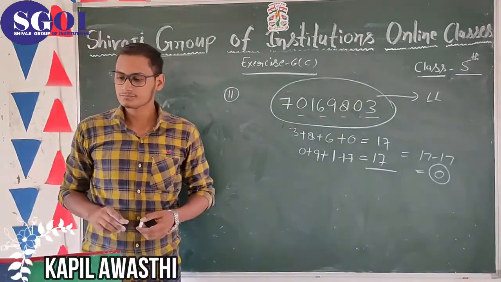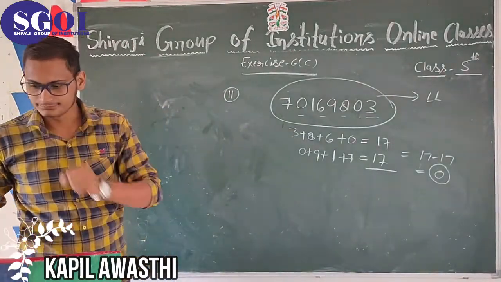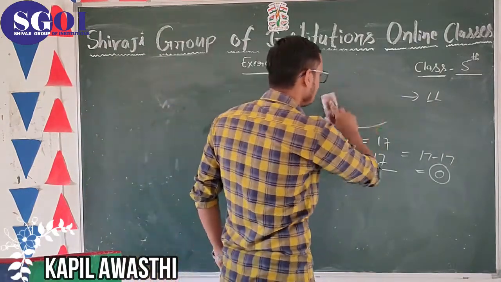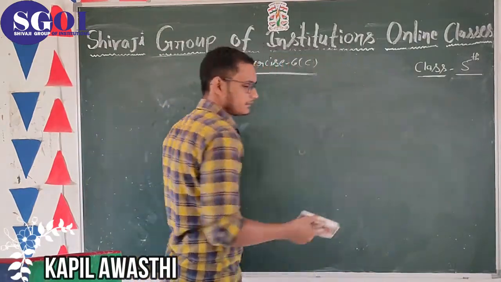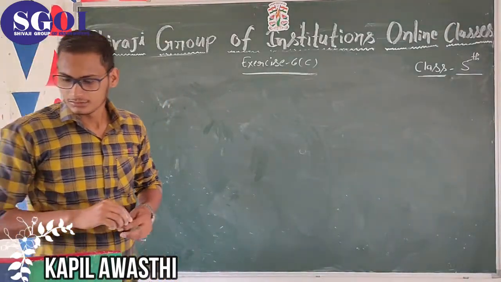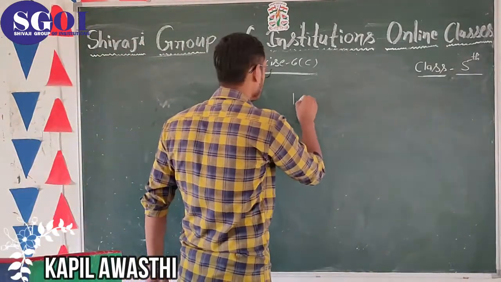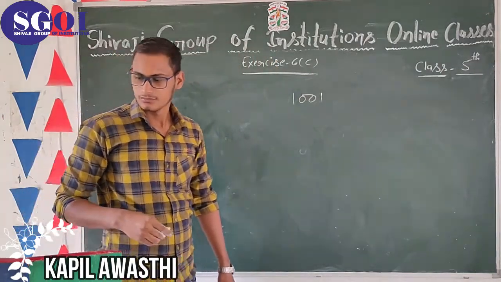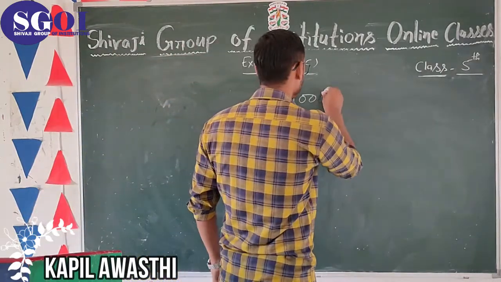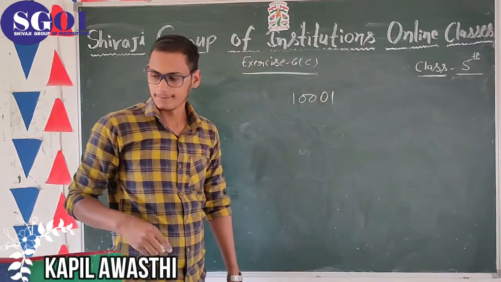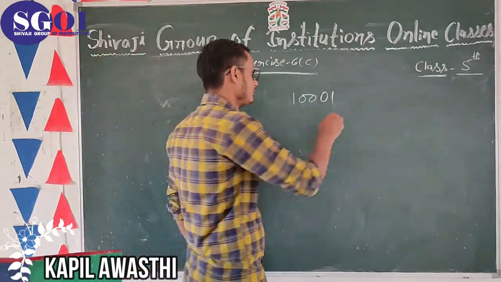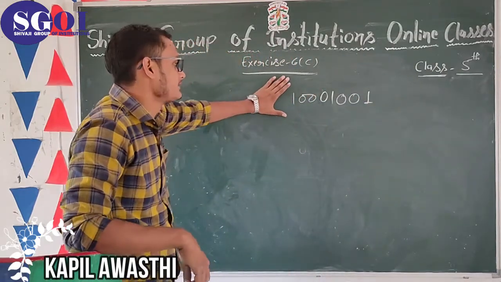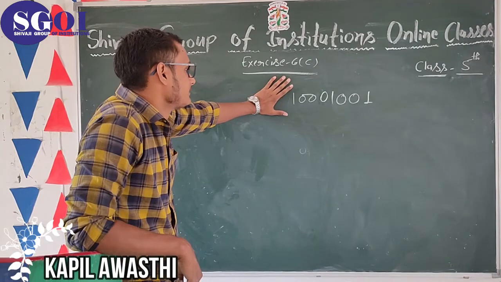Understood? Next, question number 3. Is this number divisible by 11? Look, 1001 01. Now test the divisibility by 11.